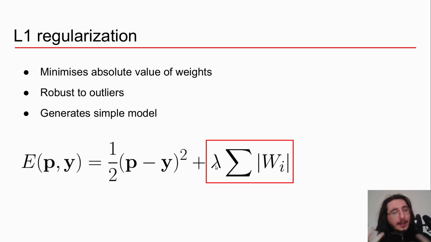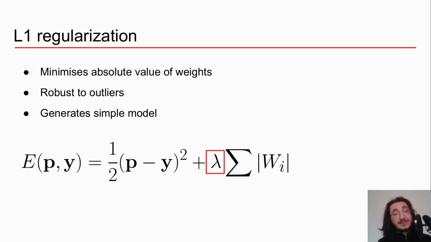The larger lambda is, the higher the penalty we give to the network. Obviously, lambda is another hyperparameter that we need to tweak in order to optimize our network, right? L1 regularization is really good because it's robust to outliers, and it generates simpler models overall.